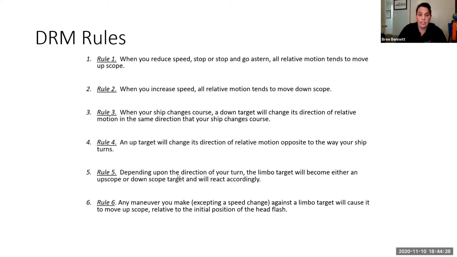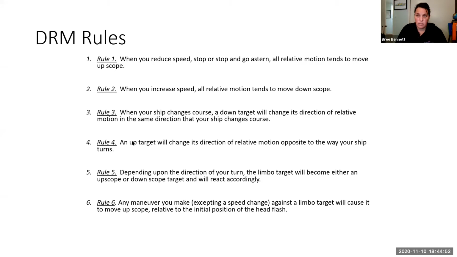Depending upon the direction you turn, the limbo target will become either an upscope or downscope target and will react accordingly. That's confusing. These seem very confusing to me.